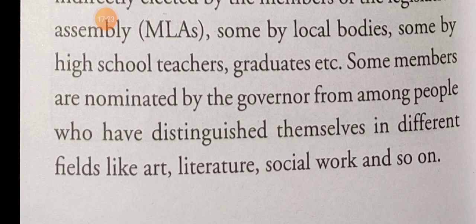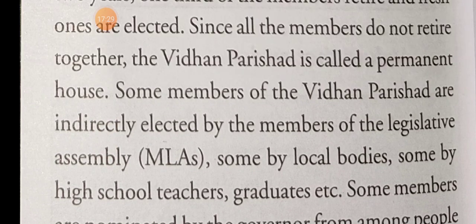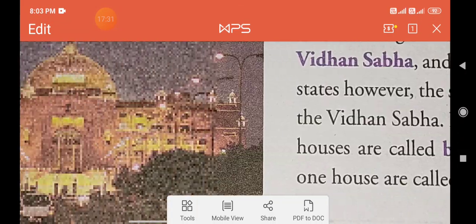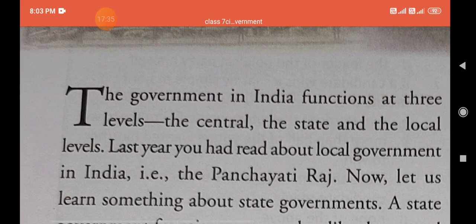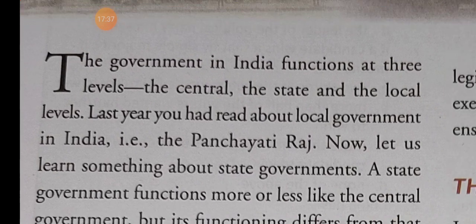So what you studied in this video? In this video you studied about the government at the 3 levels. What are the 3 levels of the government? The 3 levels of the government are central level, state government, and the local level.